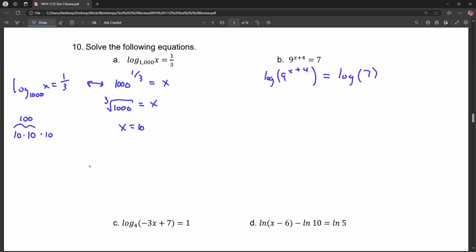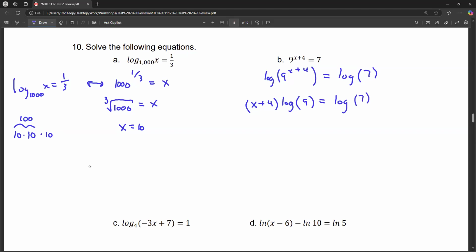And so the logarithm brings down that exponent. That's a great quality of it, right? Because now we have access to the exponent. It's now the coefficient of the log, just like that. And then the right-hand side is still log of 7.